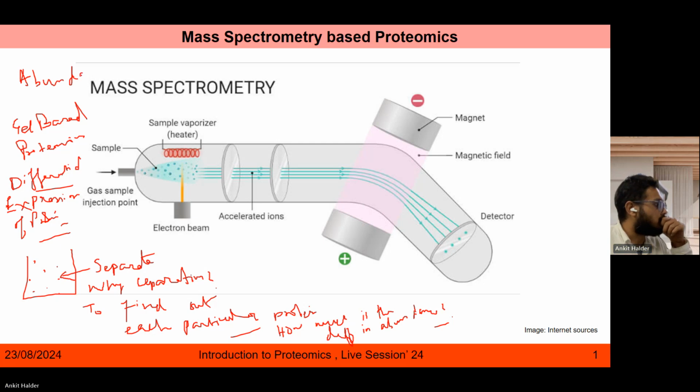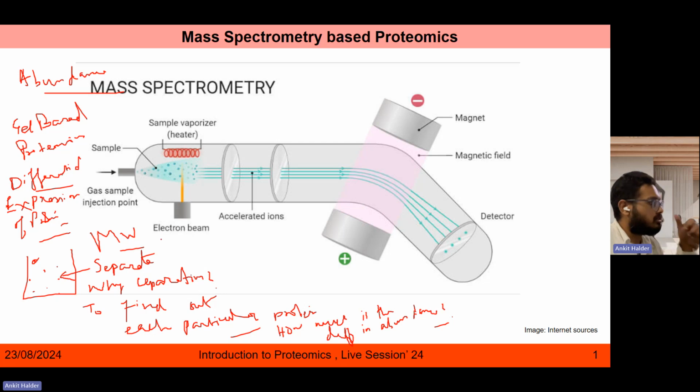Now, the same principle here is that we were separating complete proteins in the gel through the properties of the protein: either molecular weight or pI, that is, its isoelectric point, and molecular weight.